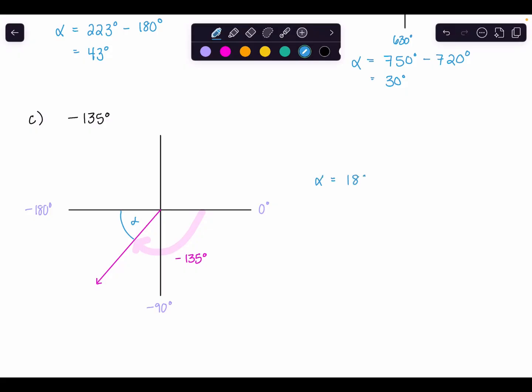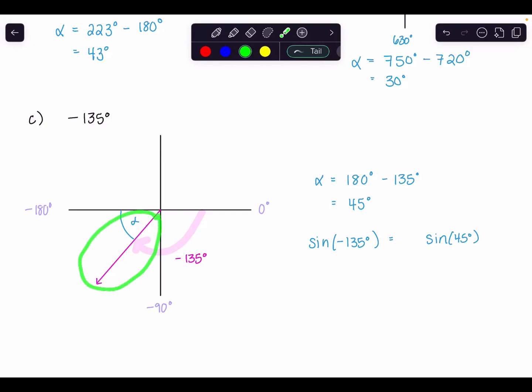So what I need is this particular angle alpha, okay? You can use negatives if you want, but this full distance is 180. You want to get rid of 135. You're basically finding the supplementary angle. This is x, this is 135. They have to add to 180. So angle alpha is going to be 180 degrees minus 135 degrees, giving us a reference angle of 45.